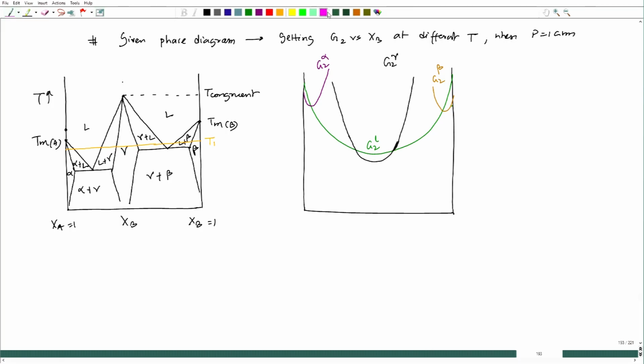So, one common tangent will come here. I am just trying to draw schematically. This one is one common tangent. Another common tangent can be drawn with a red color like this, and here also one common tangent can be drawn like this.